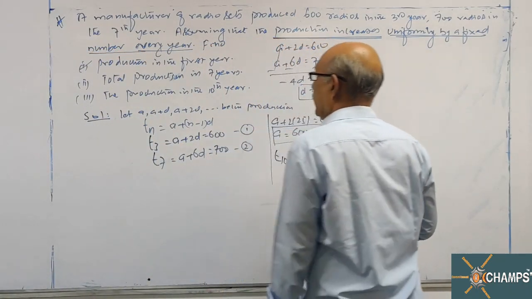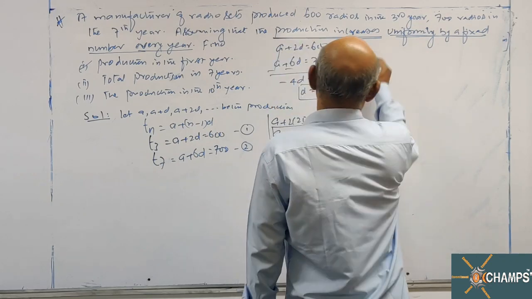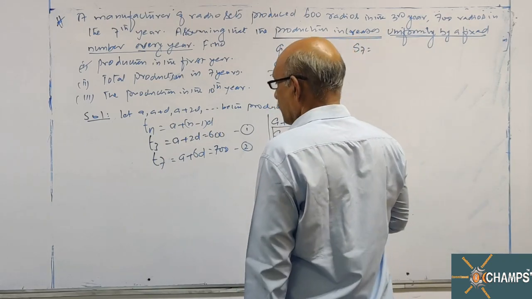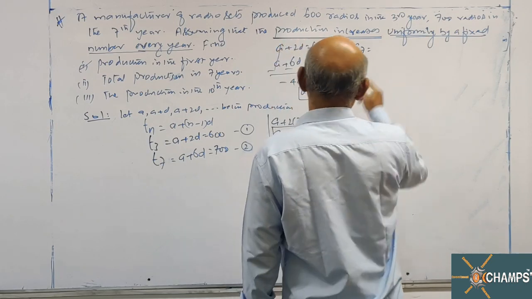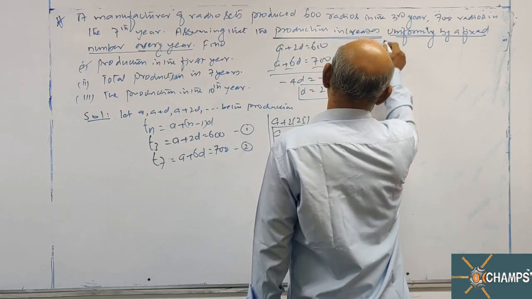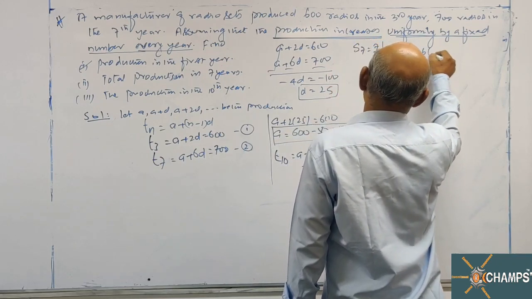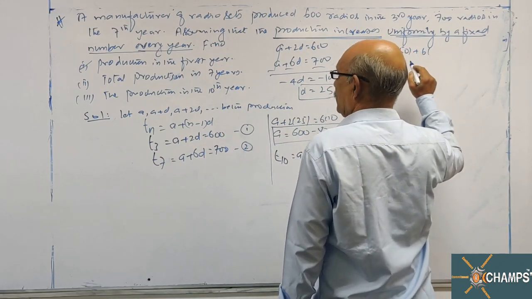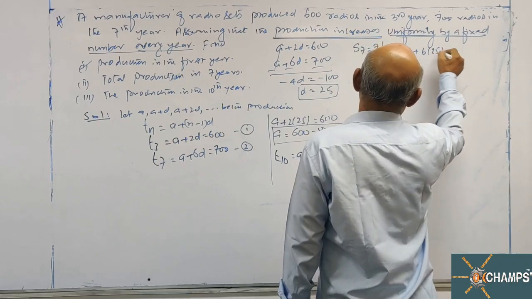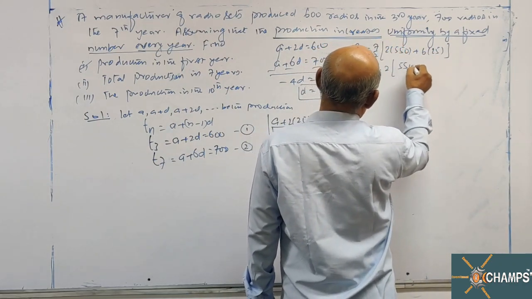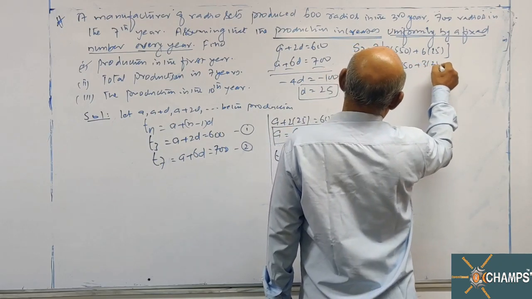Now one more question we have. Total production in 7 years. S7 is equal to 7 by 2 into 2A, 2 into 550 plus 6 into common difference 25. So 7 by 2 into 2, if I take common, 550 plus 3 into 25.